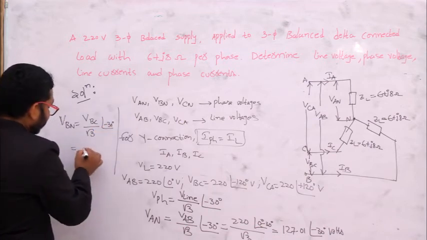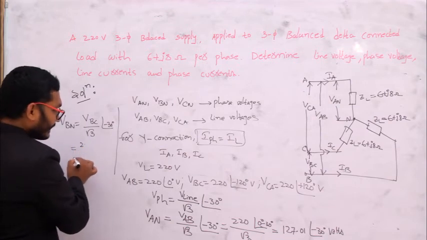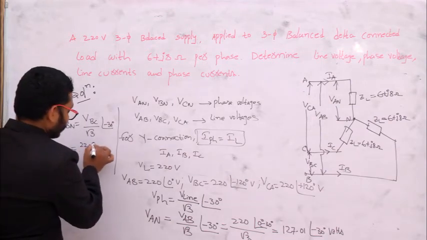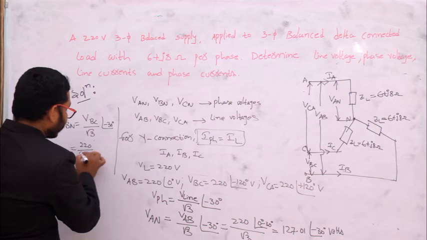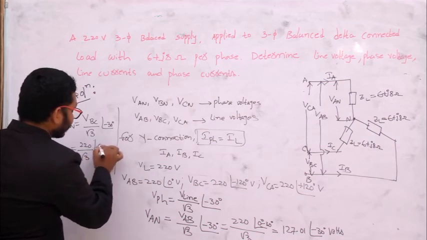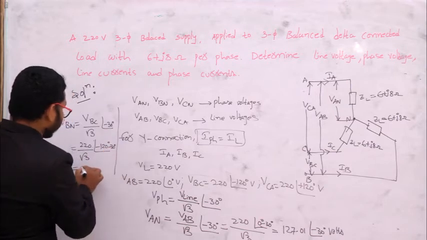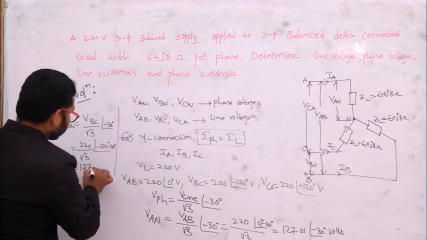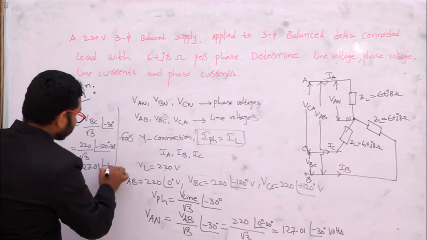Here VBC is 220 by root 3, angle minus 120 degrees, minus 30 degrees. So you will get 127.01, the angle is minus 150 degrees volts.